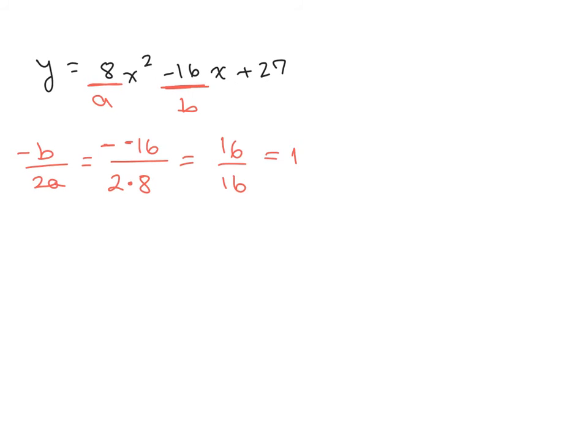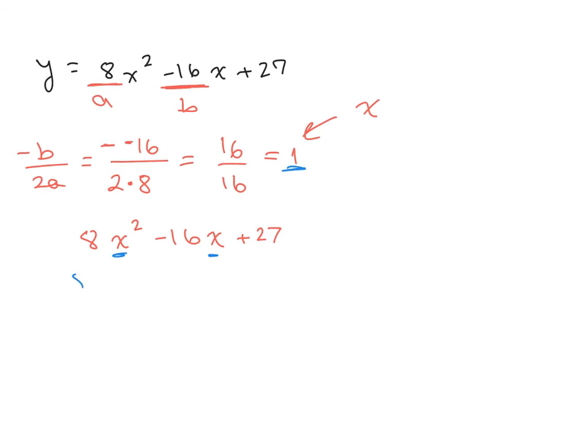Well, that's convenient. So that's the x-coordinate of our vertex. Now we're going to take 1 and substitute it back into our equation, 8x squared minus 16x plus 27.